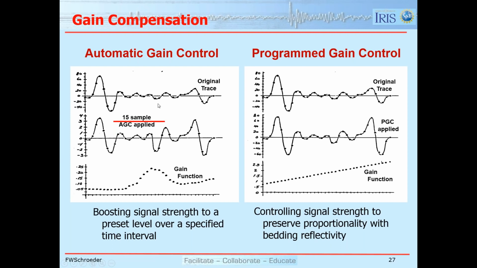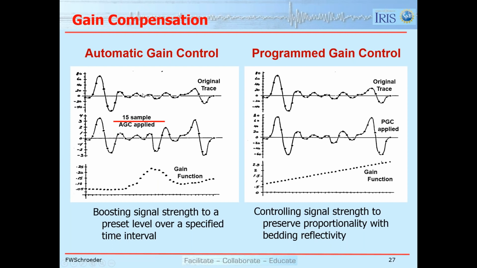And so the diagram here, this is the original data. And what they do is they do a 15 sample running average. And if the average is low, they increase the gain. And if the average is high, then they don't increase the gain quite so much. So this is the gain function that was applied. And so we boosted the gain because we have a region with relatively low amplitudes.